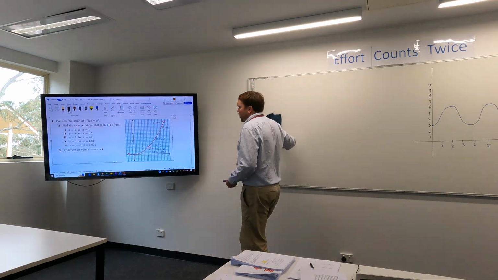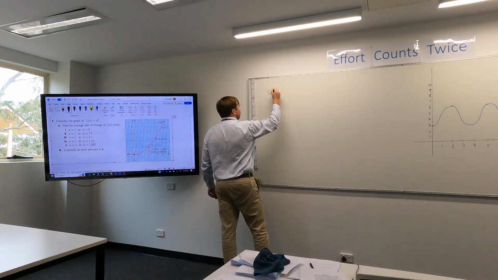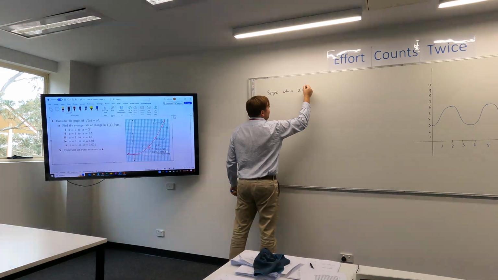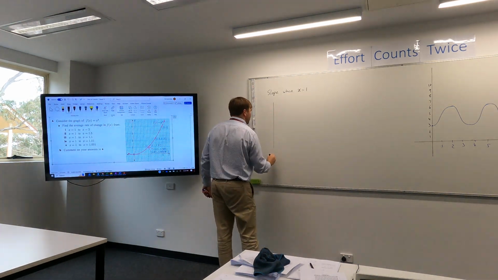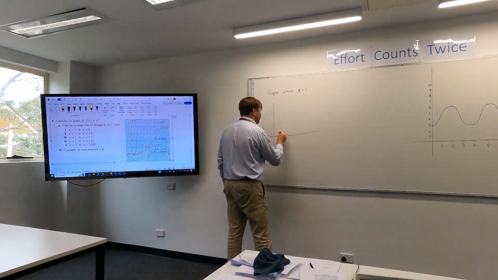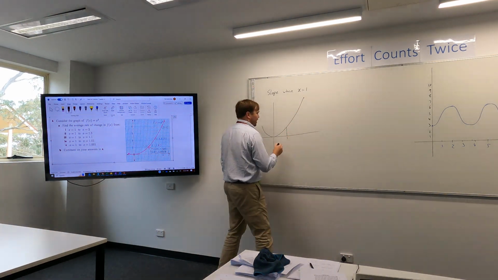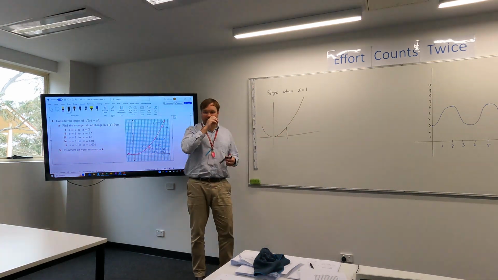So, we're interested in the slope when x equals 1. And we've got this curve, and it's a curve that we've seen lots before. It's the quadratic curve. And we want to know, when x is 1, what is the slope of that tangent?